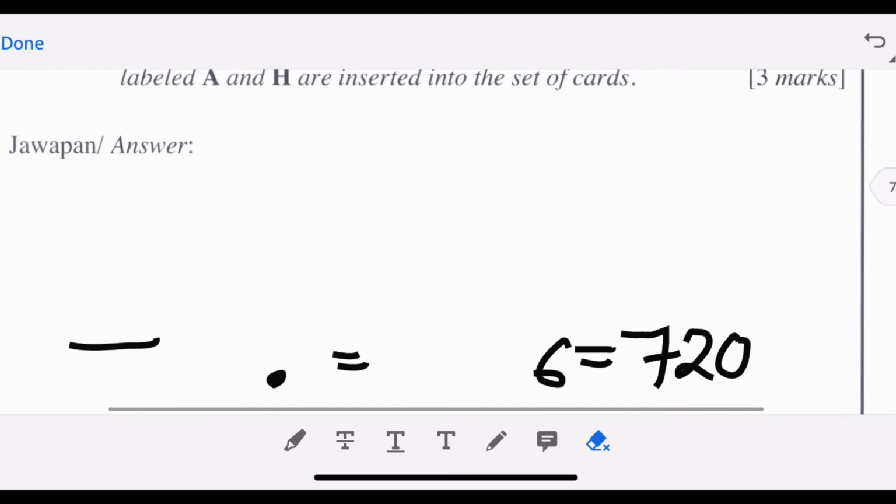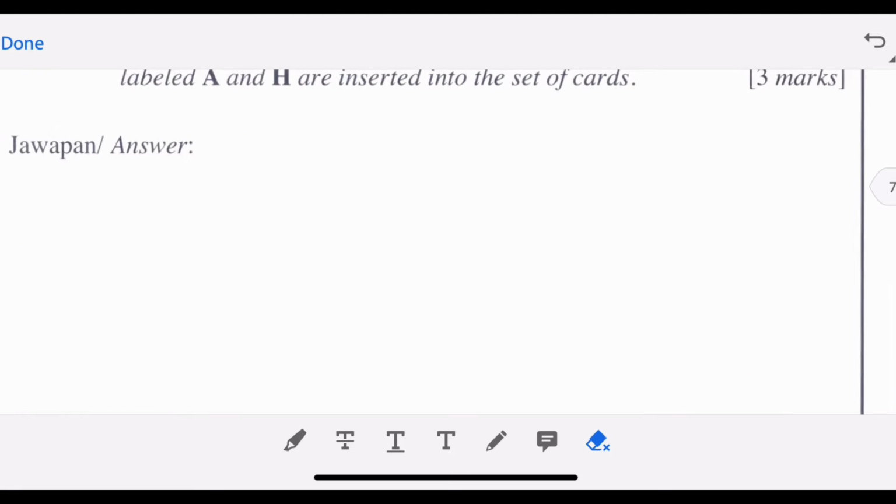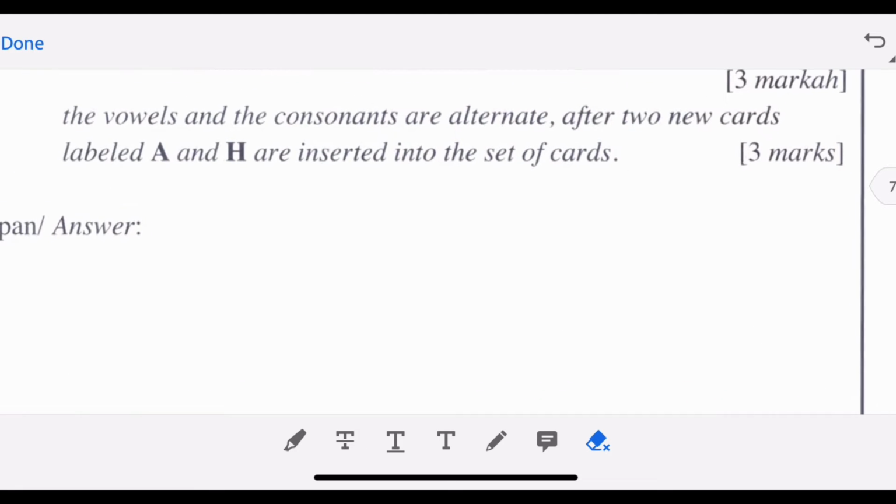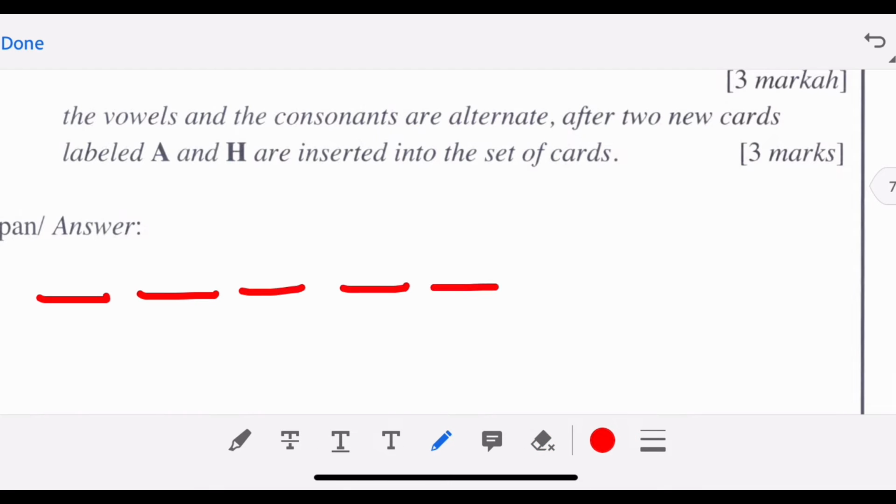What it means by alternate, let me explain to you. So let's say we have 8 cards. We draw 1, 2, 3, 4, 5, 6, 7, and 8, right? I'm going to arrange them alternately, whereby the vowels and consonants alternate.